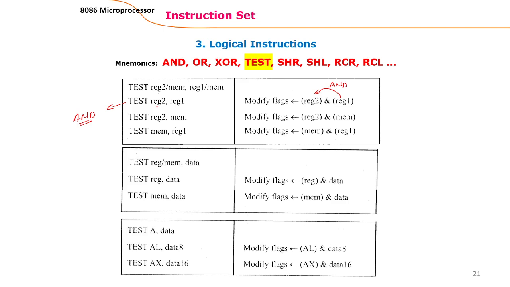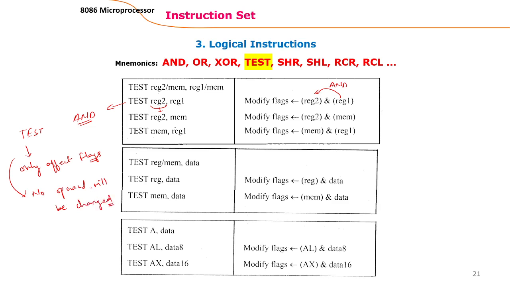after performing the AND, the result will not be stored. TEST performs the AND only, but it only affects the flags. So flag bits will only be affected by TEST.